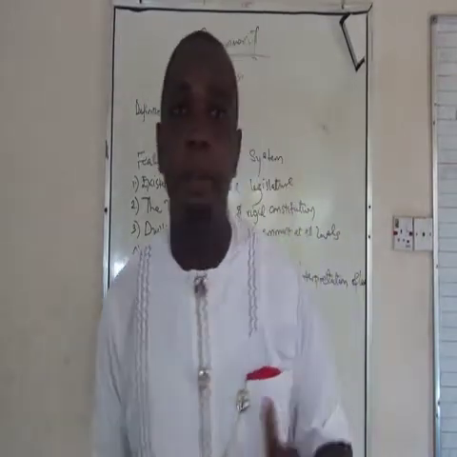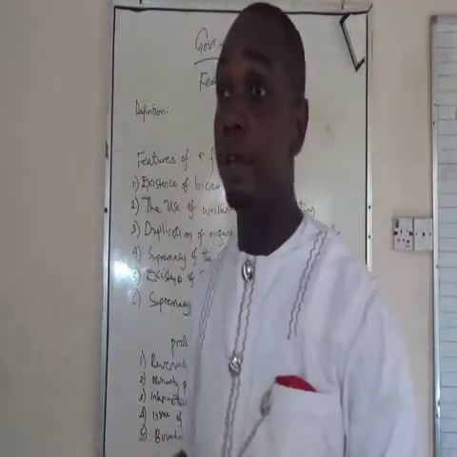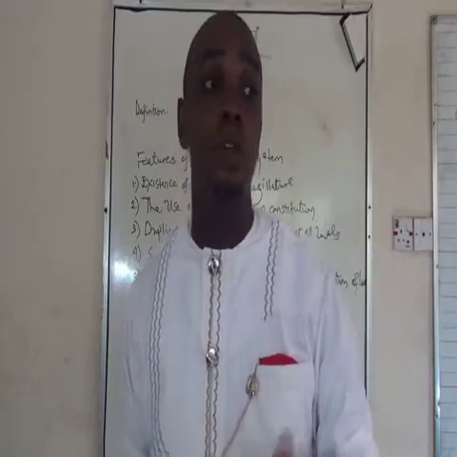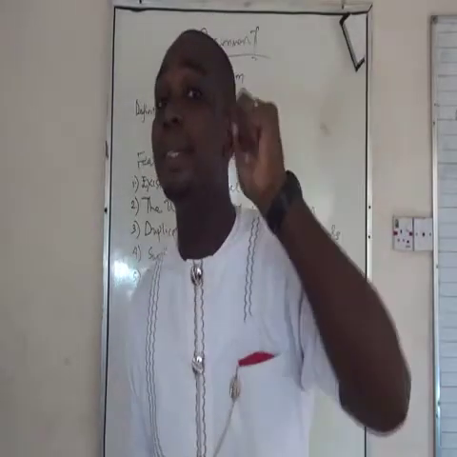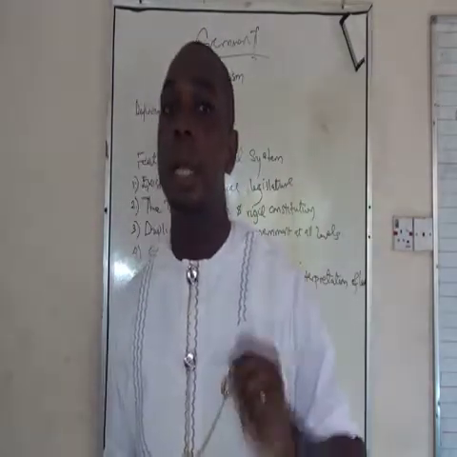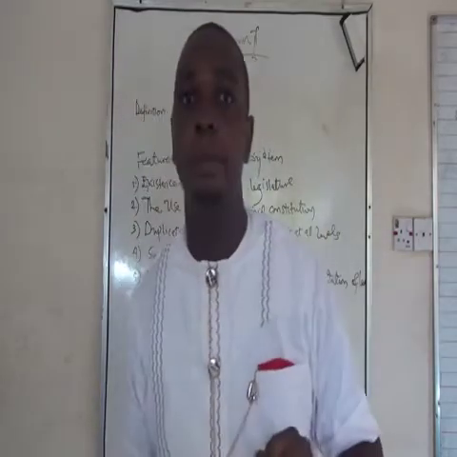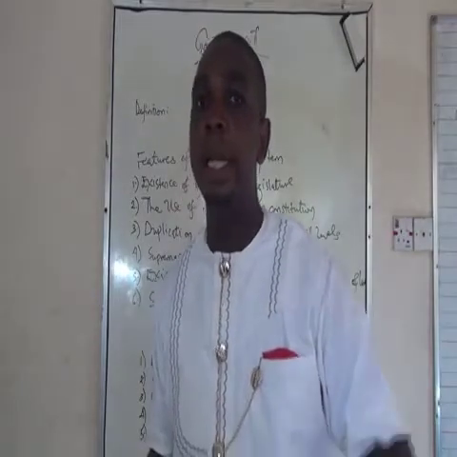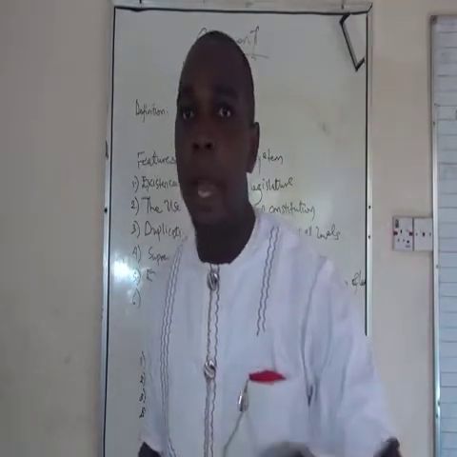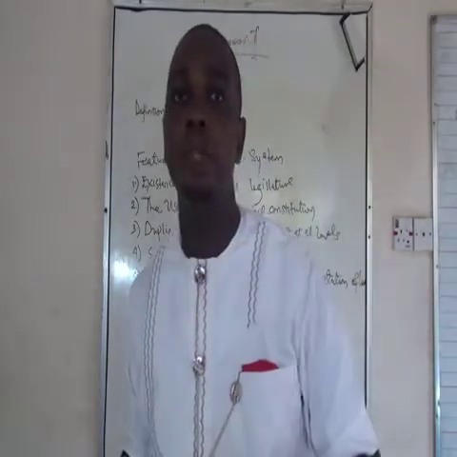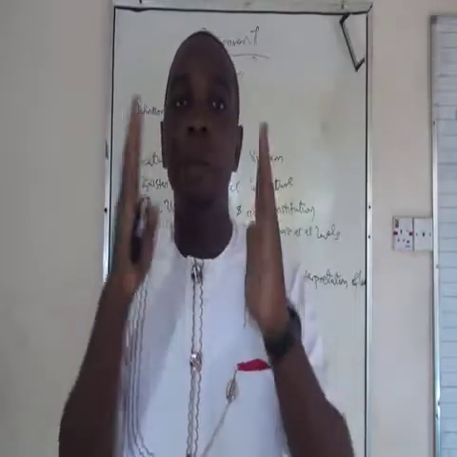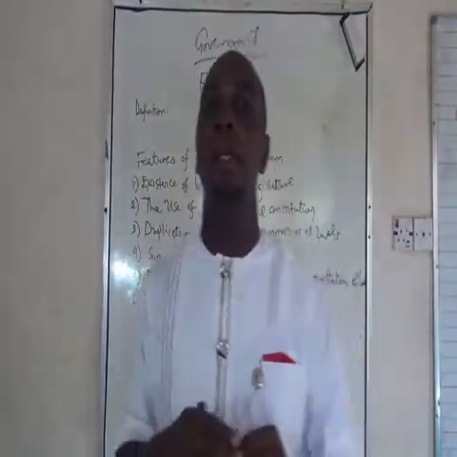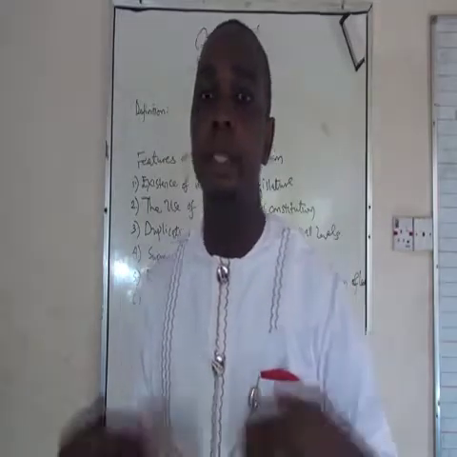Now, the document that I'm talking about, for instance, if you get a copy of the Nigerian Constitution, you will notice that the Nigerian Constitution is a single document. That's why Nigeria is a federal system. Now, everything that has to do with the practice of government, the limitation of government, crimes, penalties, and so on and so forth, are stated in one single document. And that's why we say Nigeria is a federal system.